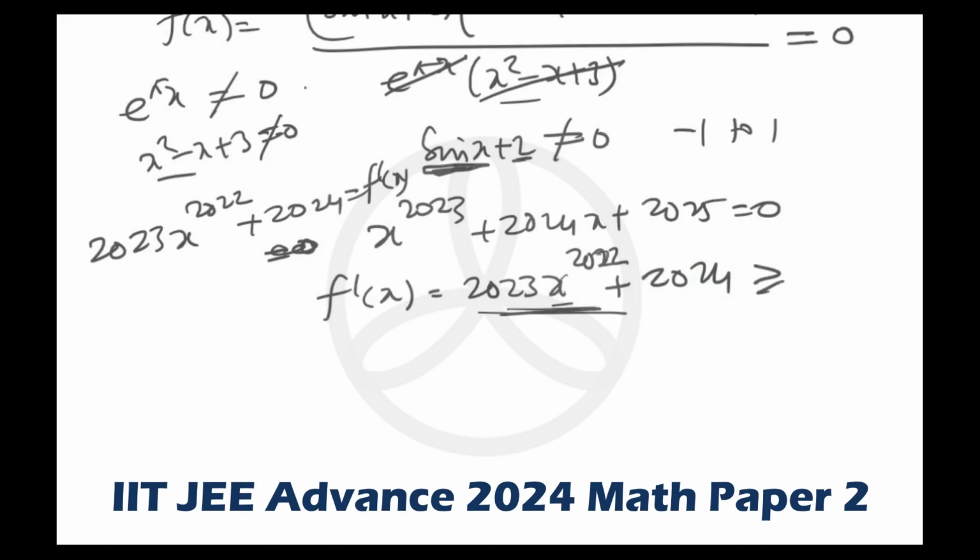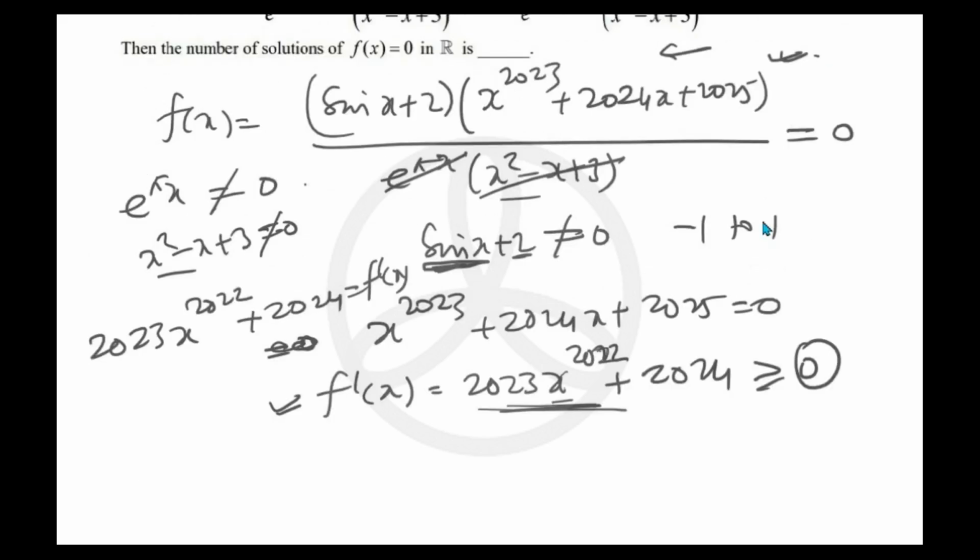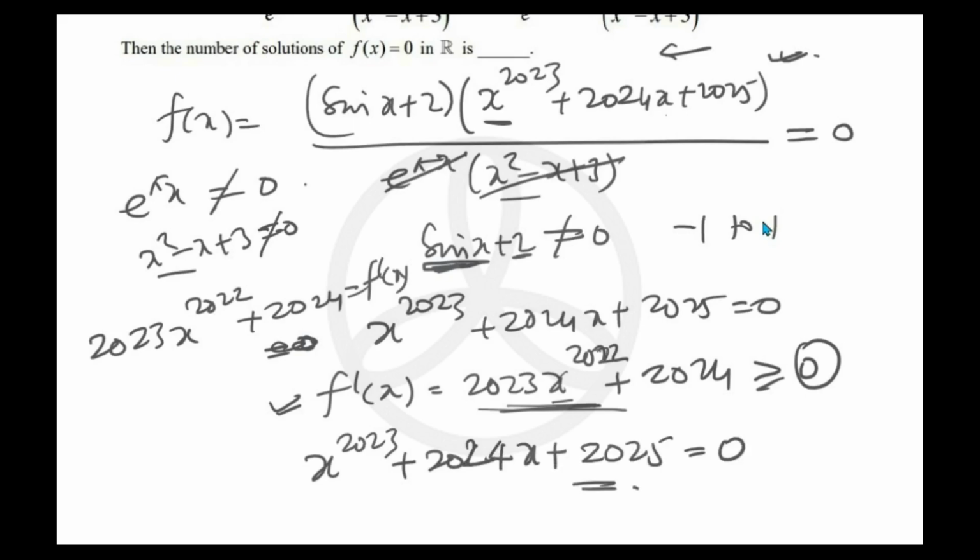So this will always be greater than or equal to 0. We can say then the function is strictly increasing, and when the function is strictly increasing, this particular equation will have at most just one solution. Then the number of solutions of f(x) equal to 0 will be just 1.